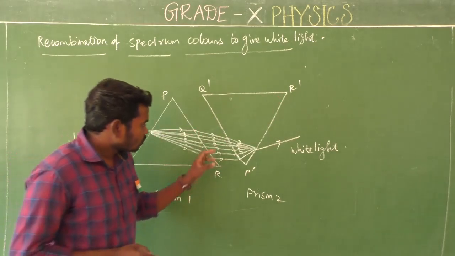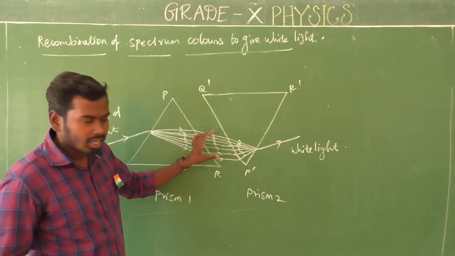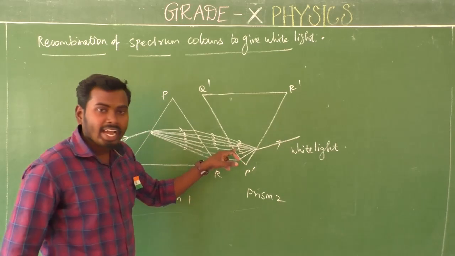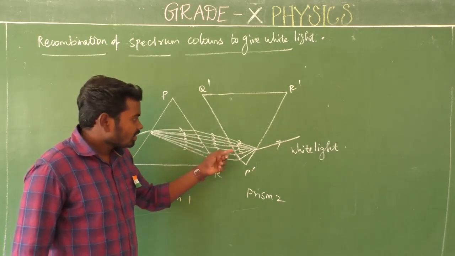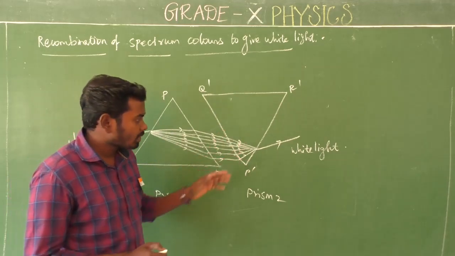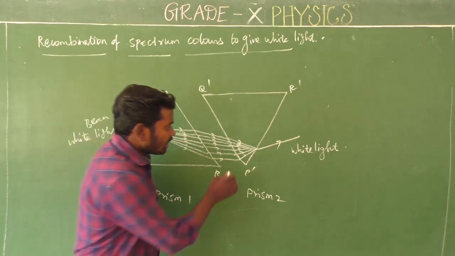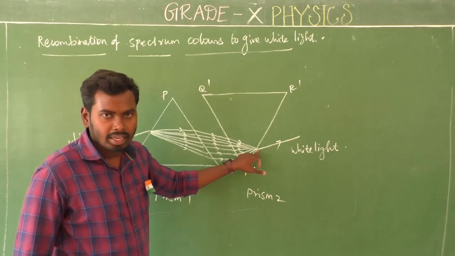Am I right? Yes. So all the refracted 7 colors fall on the second prism. What is that? The second prism here. Am I right? Yes. This second prism is placed inverted. So the second prism recombines the 7 spectral colors here. Am I right? Yes.